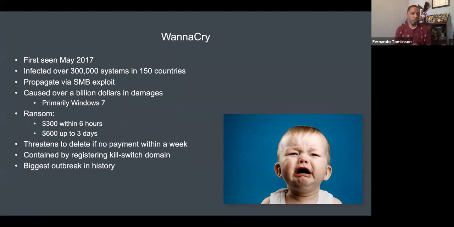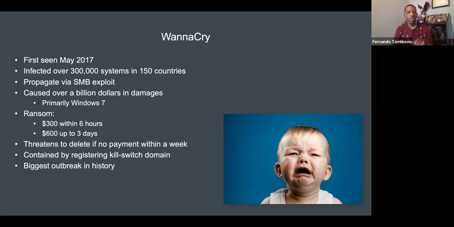Luckily, there was a researcher who was analyzing the code, realized that there was a kill switch domain in the code, and then went and registered it. So the world was able to neutralize that attack. But this goes down in history as the biggest outbreak when it comes to ransomware.